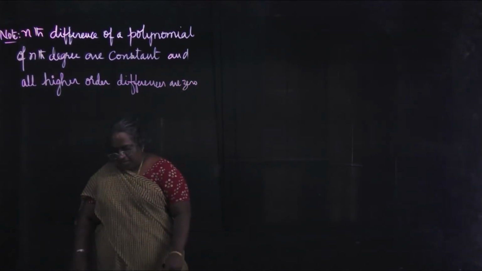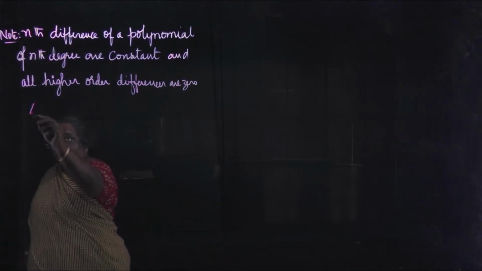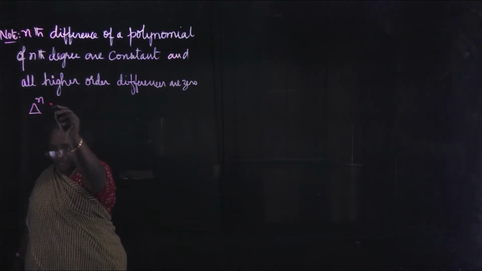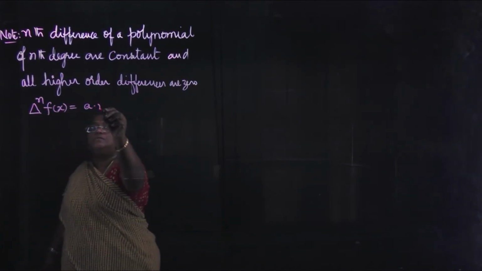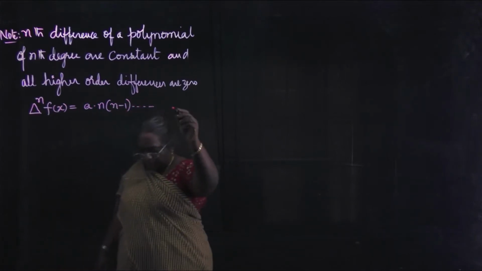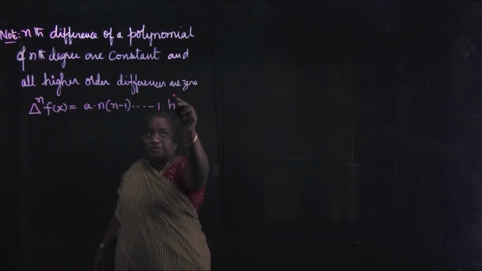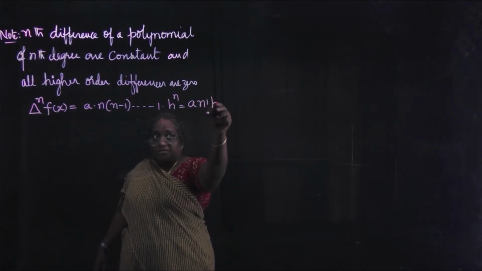Higher order differences are 0 means, so delta to the power n of f of x is equal to a into n into n minus 1, and so on, into 1 into h to the power n, which is equal to a into n factorial into h to the power n.